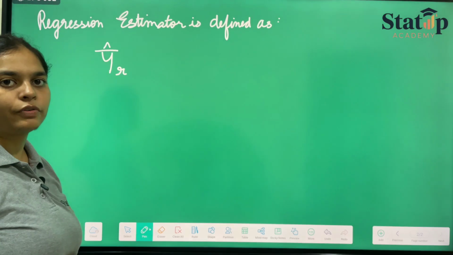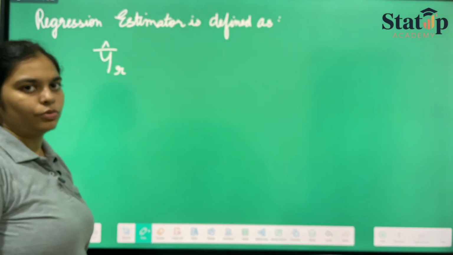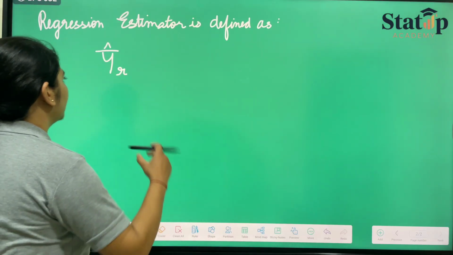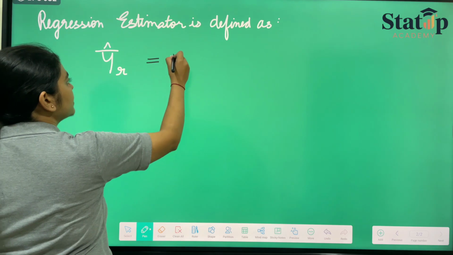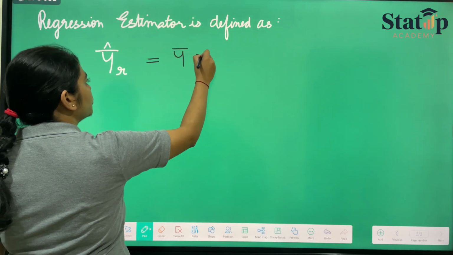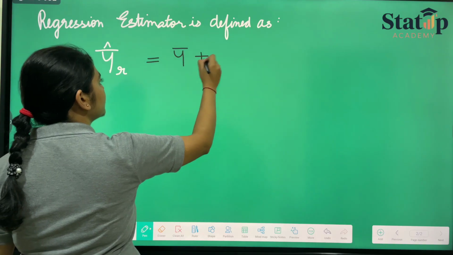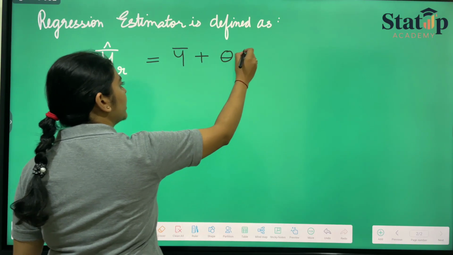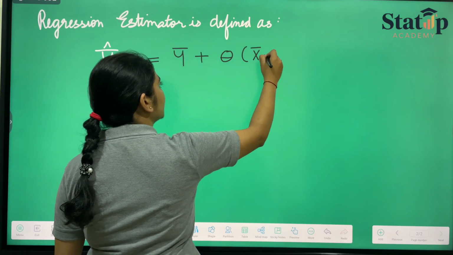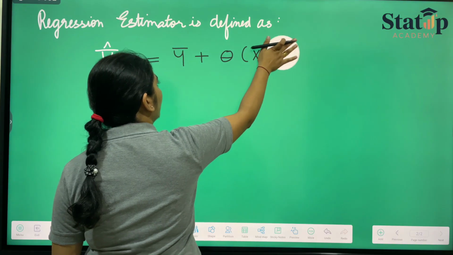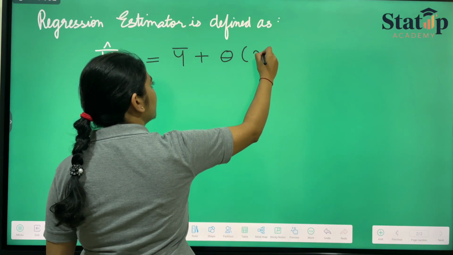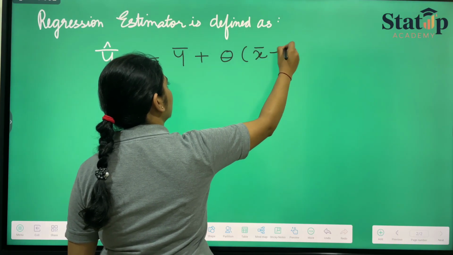Capital R we used for ratio estimator, P we used for product estimator, and small r we are using for regression estimator. It is nothing but y bar, which is population mean, plus theta into x bar minus small x bar, or we can write it vice versa, small x bar minus capital X bar.